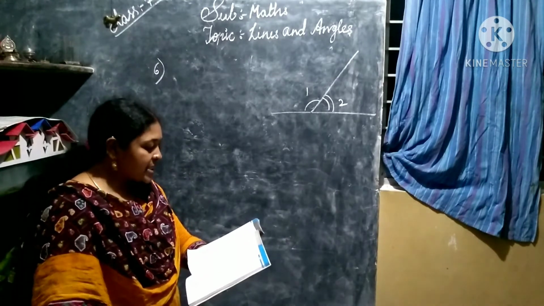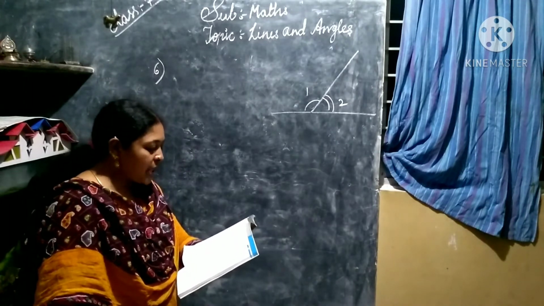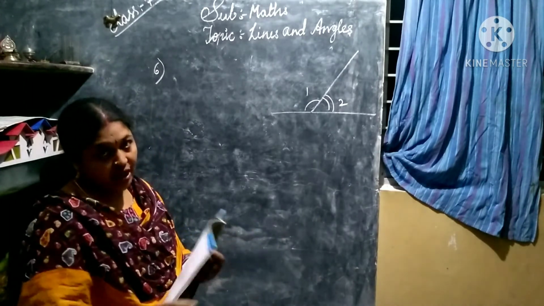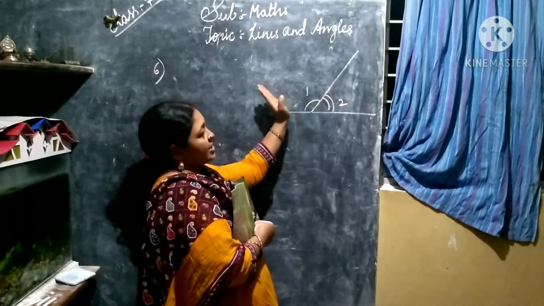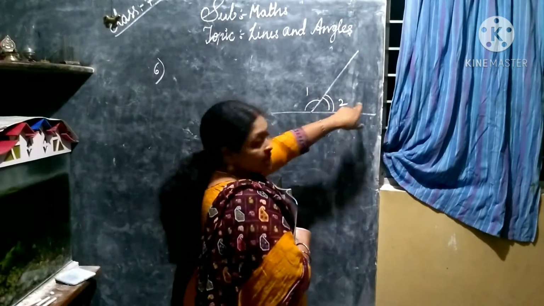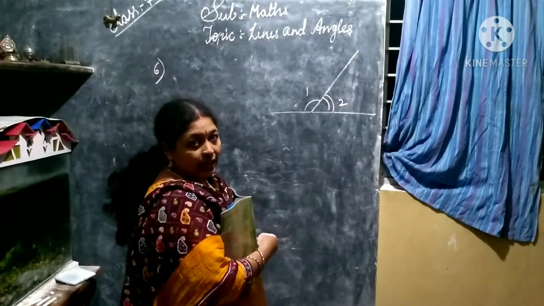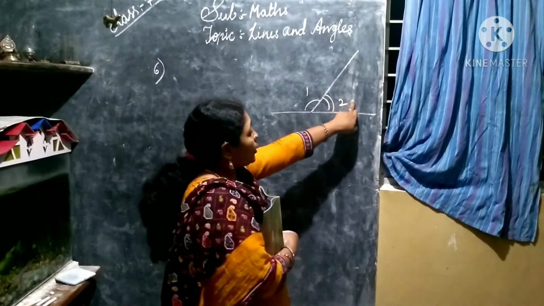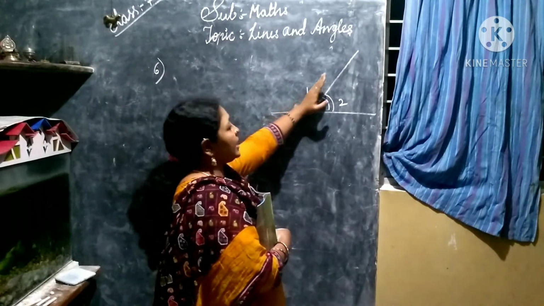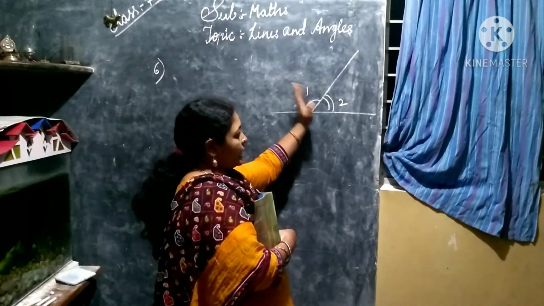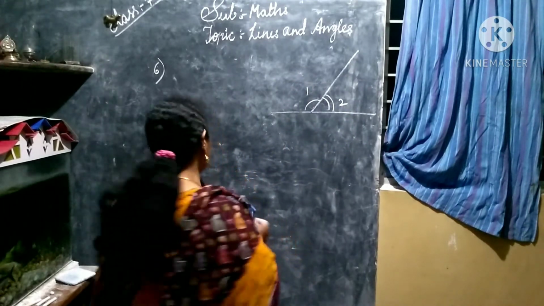If 1 is decreased, what changes should take place in 2 so that both the angles still remain supplementary? So 1 is getting decreased. When 1 gets decreased, then what should be done to the second one? What should be done for a supplementary angle? One should be an acute angle, the other should be an obtuse angle. When angle 1 is getting decreased, it is becoming acute, then what should happen to angle 2? It should increase.